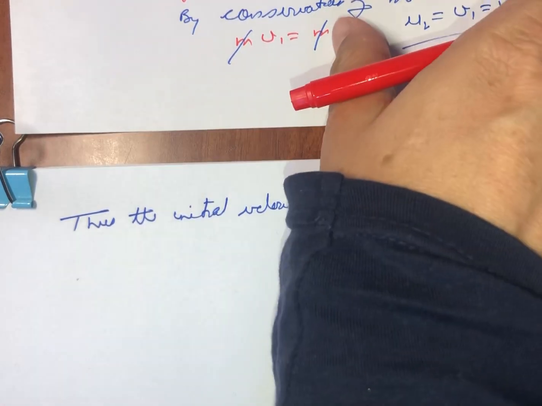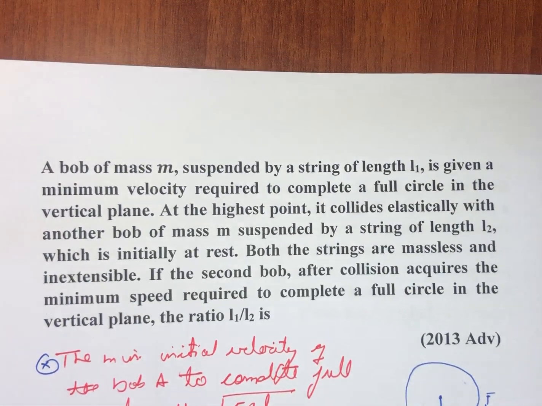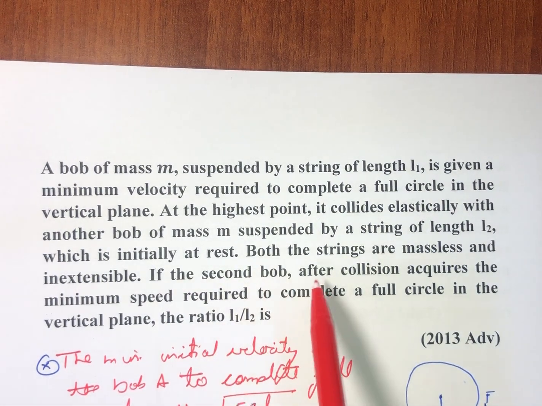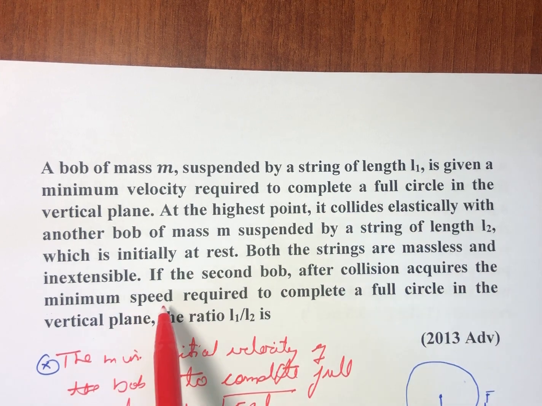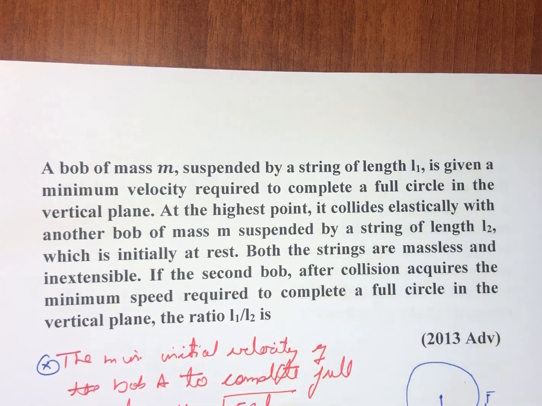Now in the question it is said that the second bob after collision acquires the minimum speed required to complete a full circle.